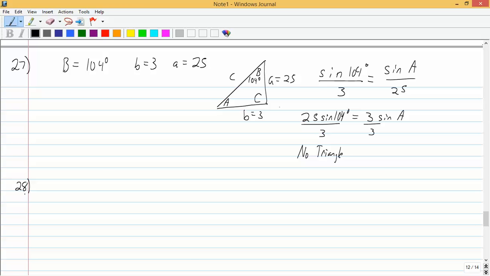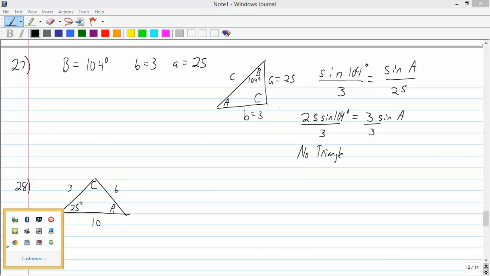Number 28 says solve the triangle. So we're told this side is 3, it's 25 degrees, this is 10, this is angle C, side B, angle A. Alright, so the first thing that I notice is that I do not have a corresponding side and angle that I know.